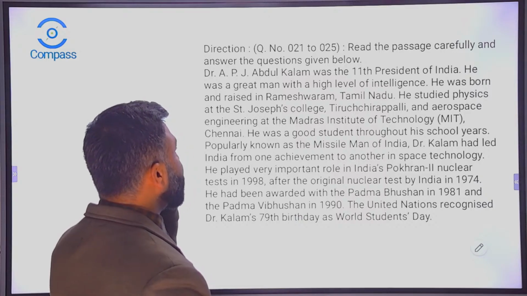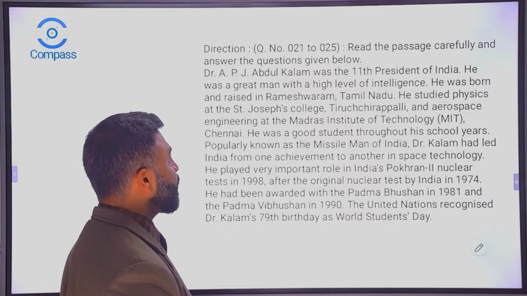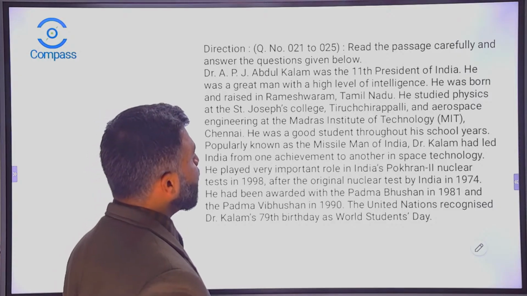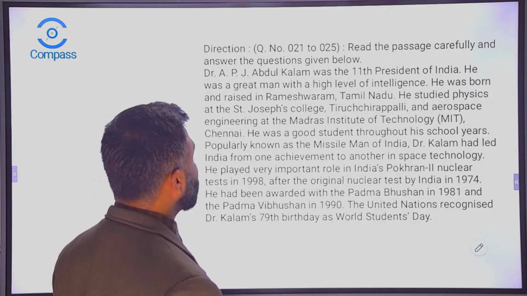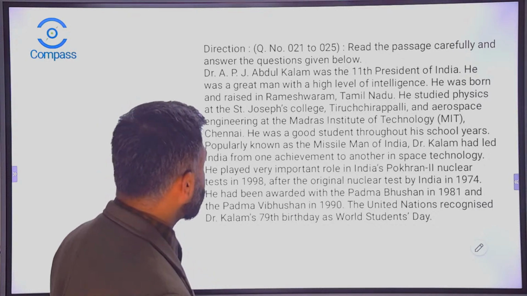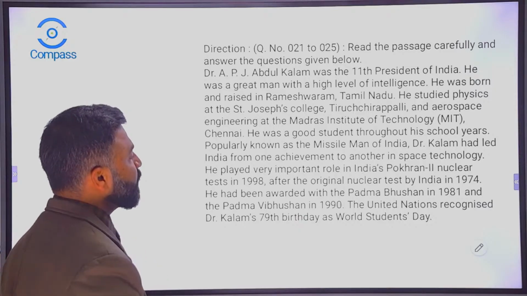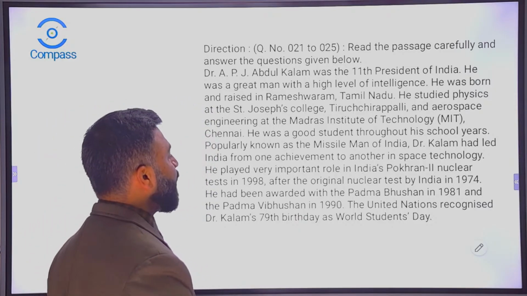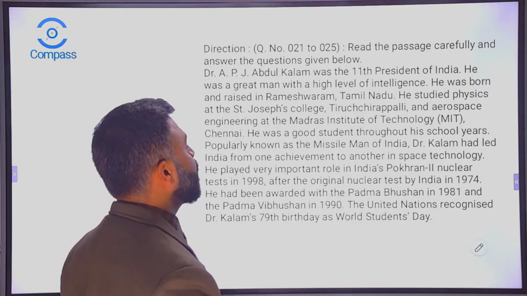He studied physics at St. Joseph's College, Tiruchirappalli, and aerospace engineering at the Madras Institute of Technology, MIT, Chennai. He was a good student throughout his school years, popularly known as the Missile Man of India.